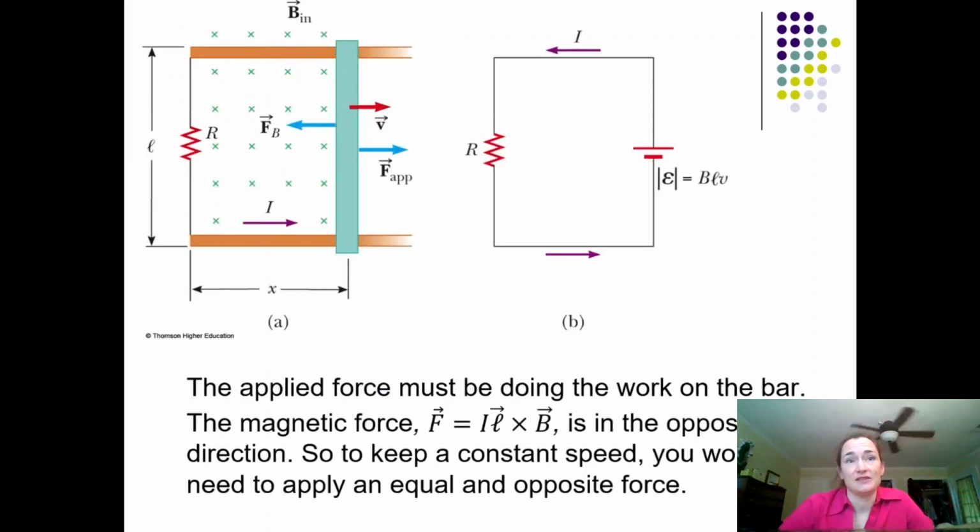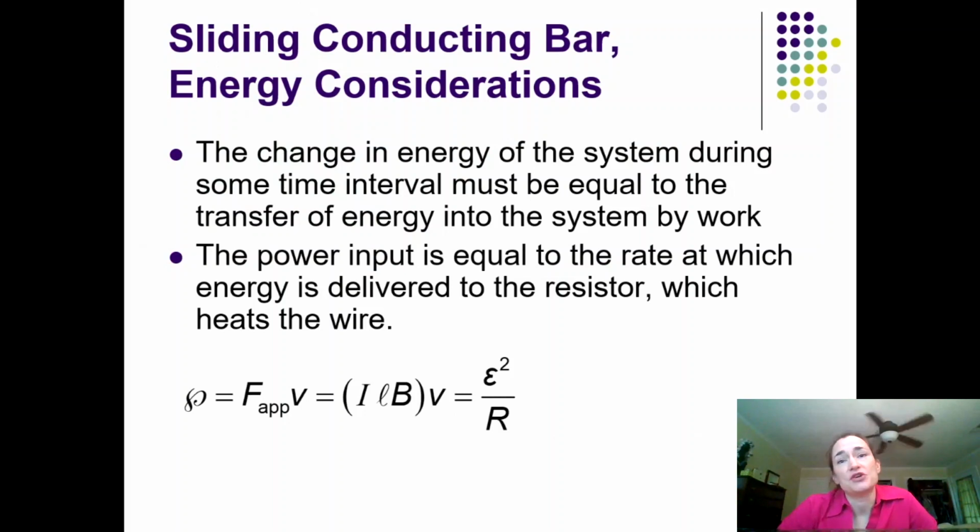Like I said, the applied force has to be doing the work on the bar, and you can figure out how much power you'd have to supply. Remember from our first semester physics class, power, which is energy per unit time, is F dot V. So the power for our circuit would be F applied times our speed V, and that would be equal to P equals IV in the circuit.